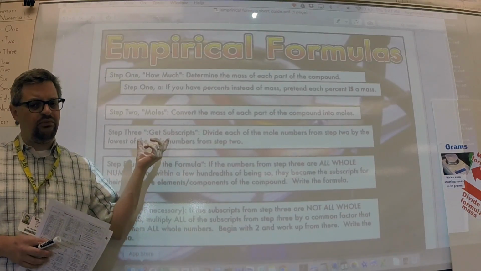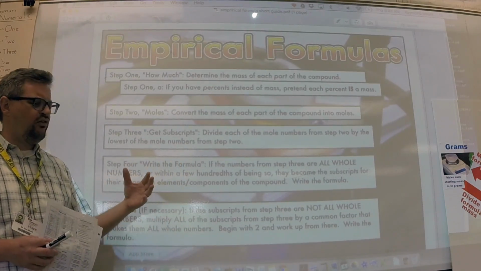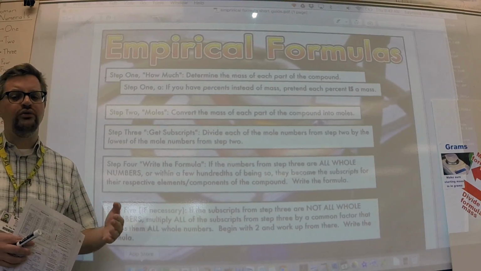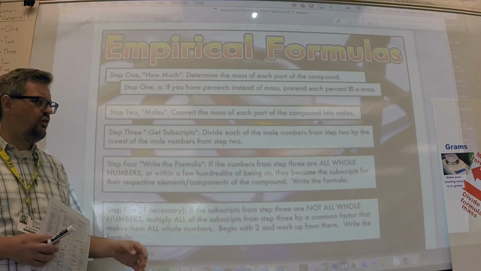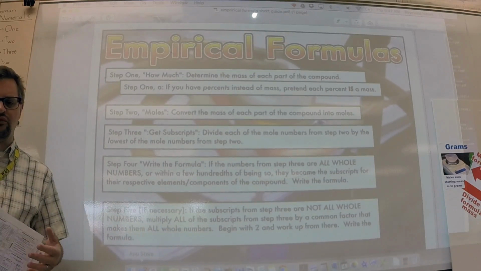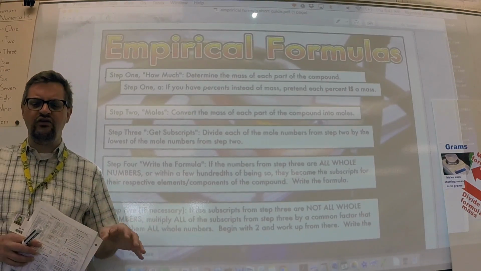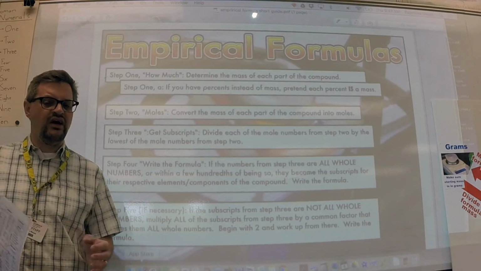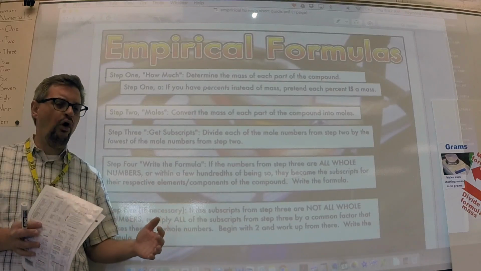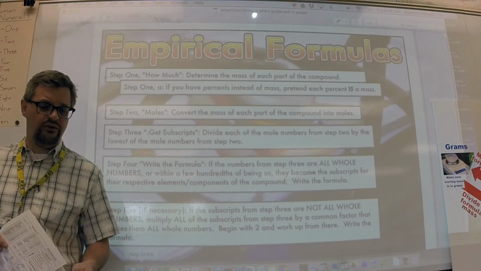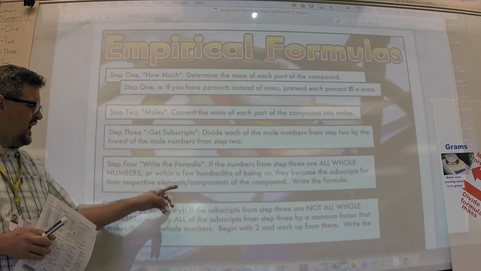Now when you do step 3, if the numbers you get as subscripts are whole numbers or within a few hundredths of being whole numbers, then you can round and use those as whole number subscripts. Our subscripts always have to be whole numbers because it's always whole atoms that combine with whole atoms. You don't have part of an atom that combines with other atoms.